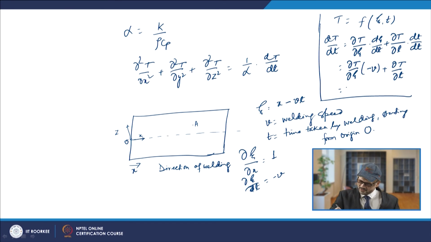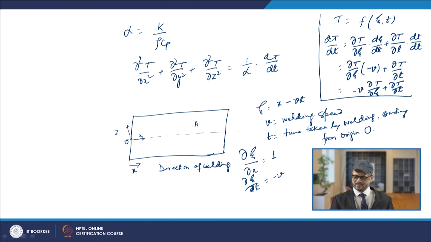So it comes as minus v of dou T by dou zeta plus dou T by dou t. That way we get the expression for dT by dt with respect to time.